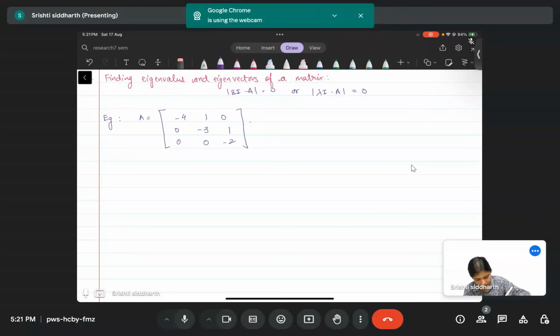Eigenvalues. Let's just form this matrix first. So it's going to be lambda plus 4, lambda plus 3, and lambda plus 2, and the other values will be minus 1, 0, 0, minus 1, 0, 0. So the determinant of lambda I minus A is given by lambda plus 4, lambda plus 3, lambda plus 2 equal to 0.